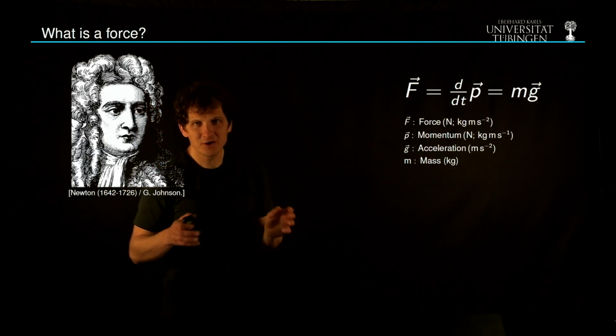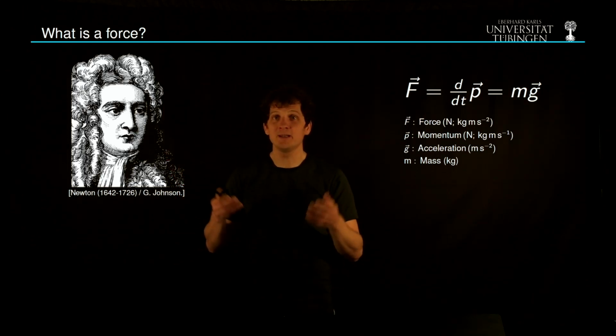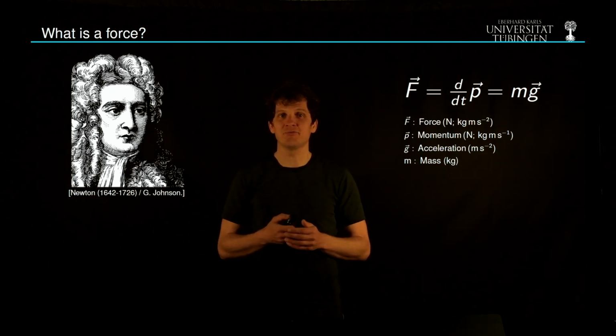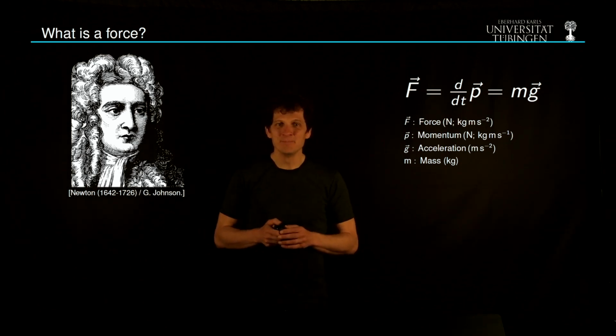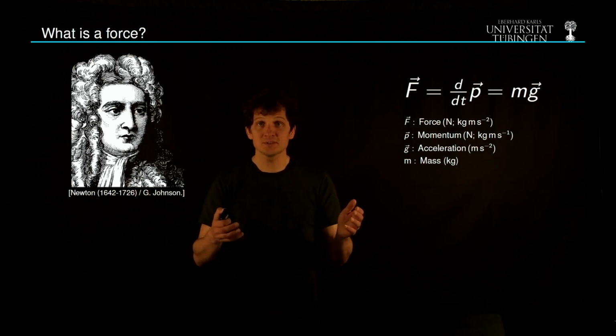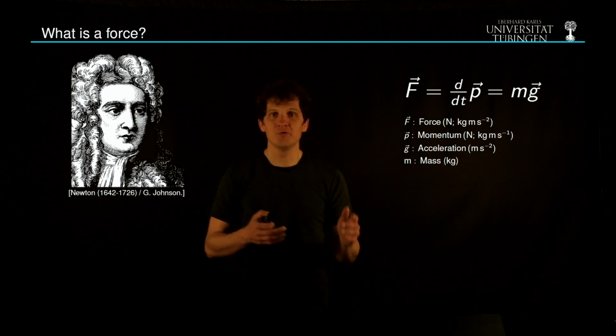The physics of gravitation goes back all the way to Sir Isaac Newton, who formally defined what forces are and also who defined what the gravitational force is. And this forms the baseline for the entire field of classical mechanics. Newton inferred that a force manifests itself whenever an object changes momentum over time.